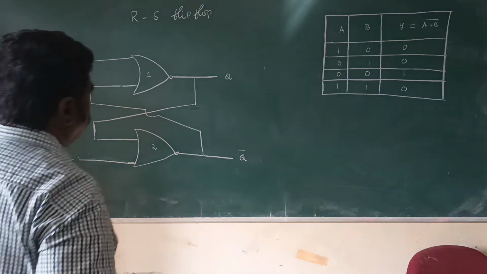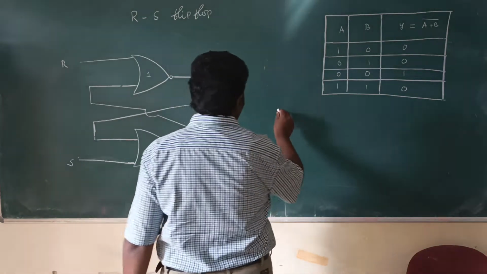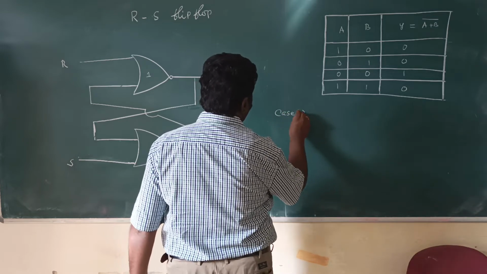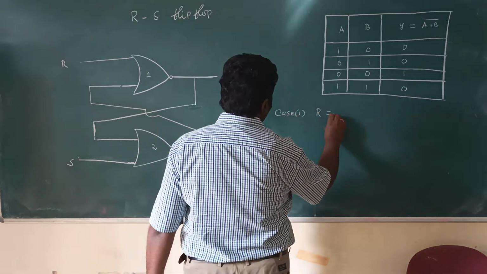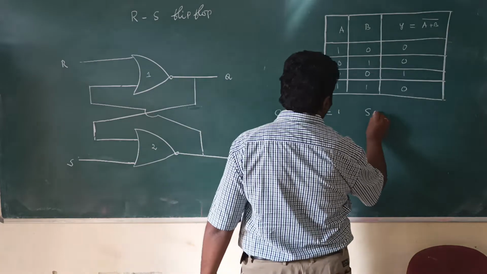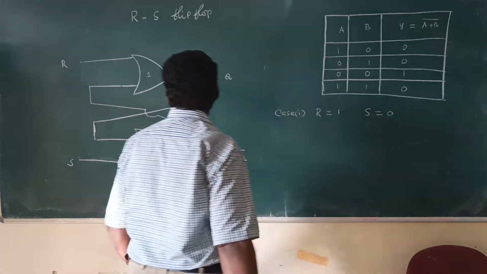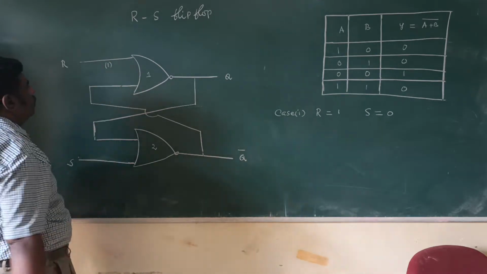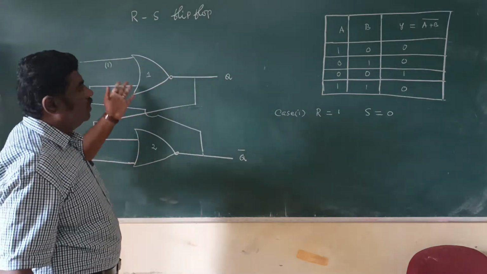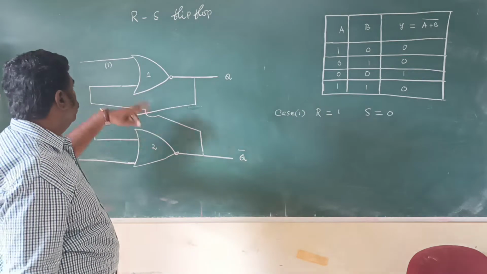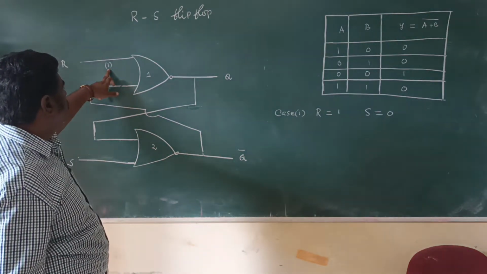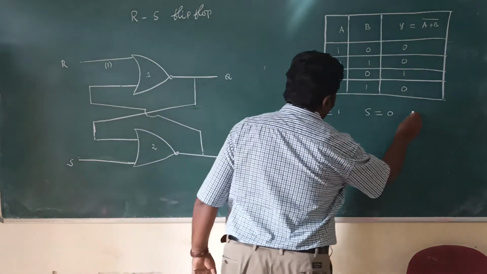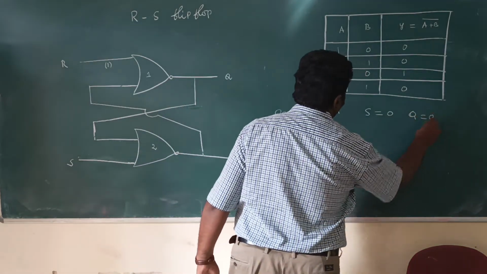For that, consider the first case, case 1: R is equal to 1, S equal to 0. If you put R equal to 1, now we have to use the functioning of NOR logic. If any one of the inputs is high, the output is low. So the value of Q is equal to 0.